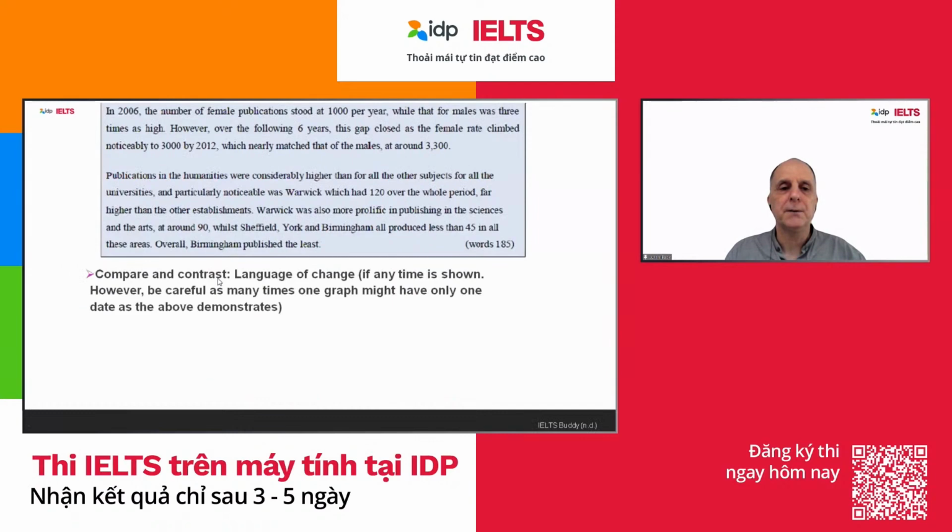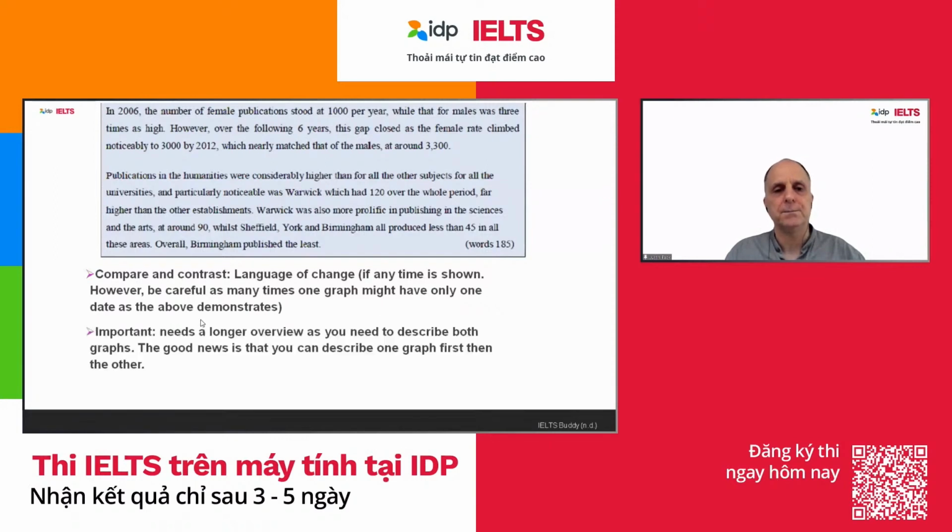So when we think about those, compare and contrast language of change again. However, be careful, as many times one graph might only have one date, as the above demonstrates. Now, you need a longer overview and you need to describe both graphs. The good news is you can describe one graph and then the other, right?